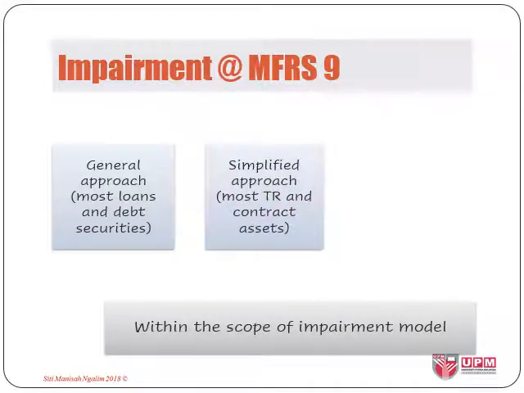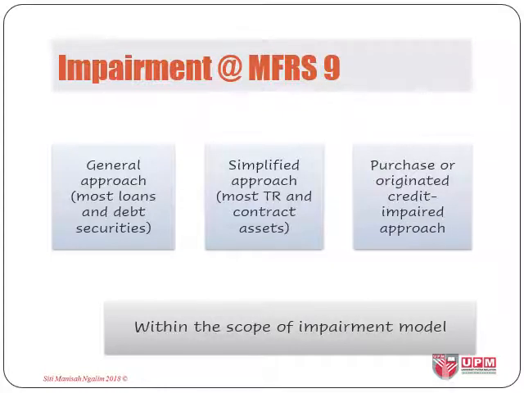This is meant for trade receivables without a significant financing component that requires consideration of time value of money, and contract assets under MFRS 15. And the purchased or originated credit impaired approach, or better known as the credit-adjusted approach, where the financial assets are already impaired when acquired.